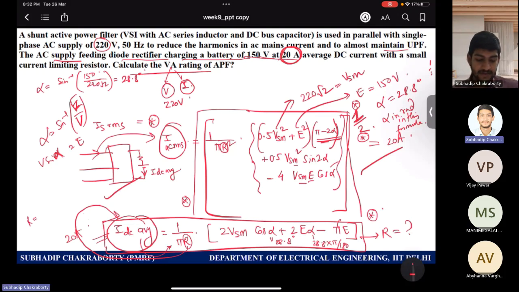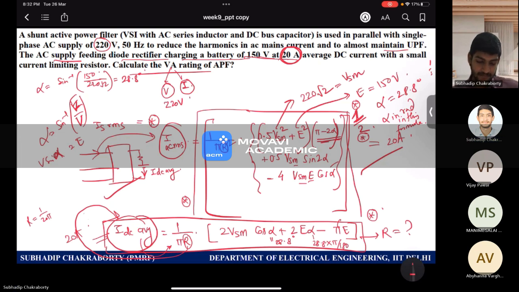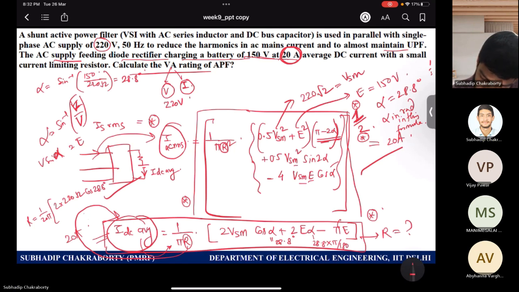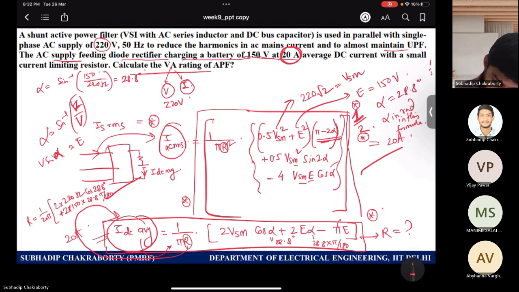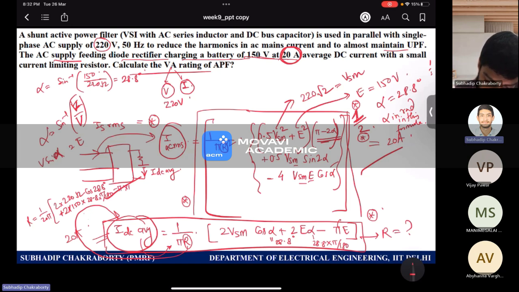So R is nothing but 1 by 20 pi, into 2 times 220 root 2 cos of 28.8 degrees, plus 2 times 150, that is battery voltage, into alpha, where alpha is 28.8 into pi by 180, minus pi into 150.